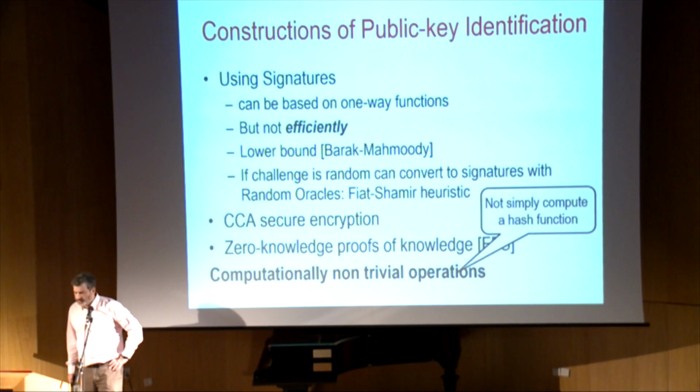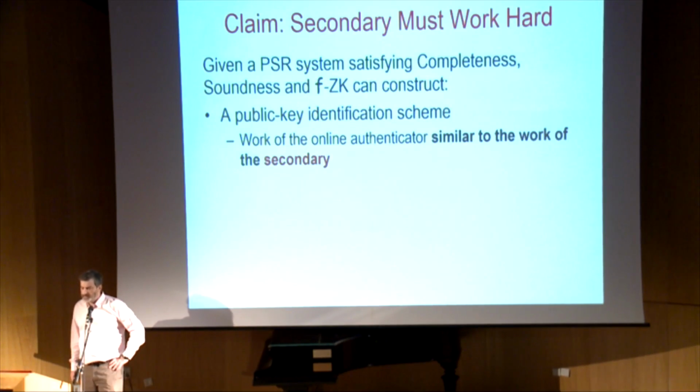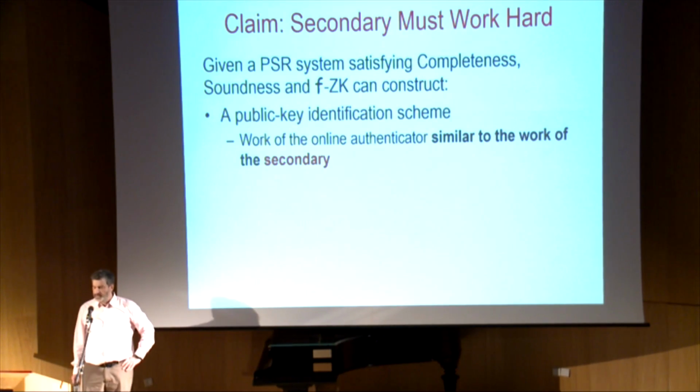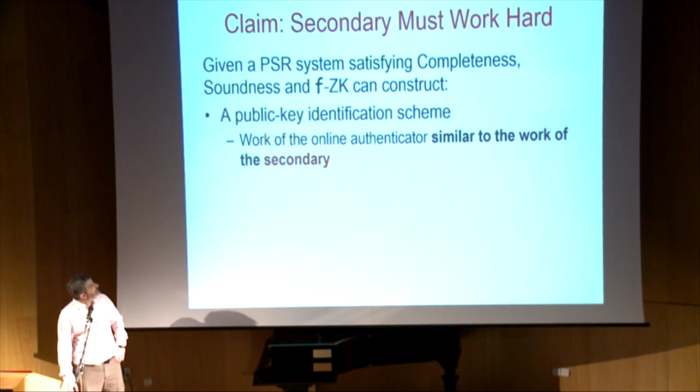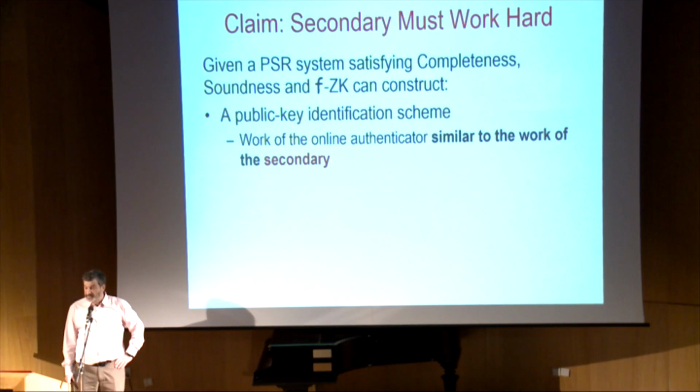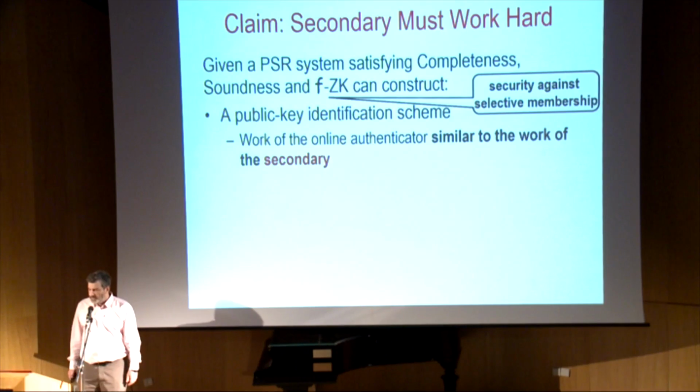And so we claim that the secondary must work hard, in the sense that given a PSR system, we can construct an identification scheme. And the work of the online authenticator is similar to the online work of the secondary.